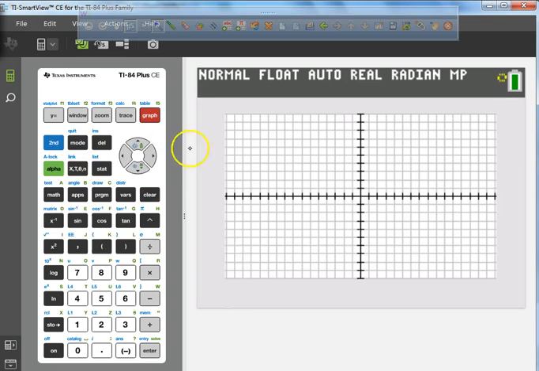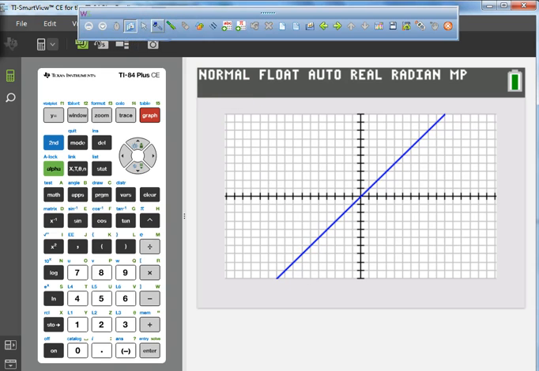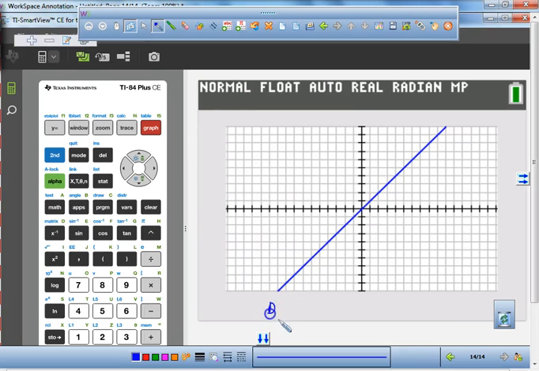If I say y equals x, what kind of function is that? Linear. By the way, in a linear function, the domain and the range is all real numbers. Before you guys leave, what's the domain and what's the range for this function? All real numbers. We put all capital R.